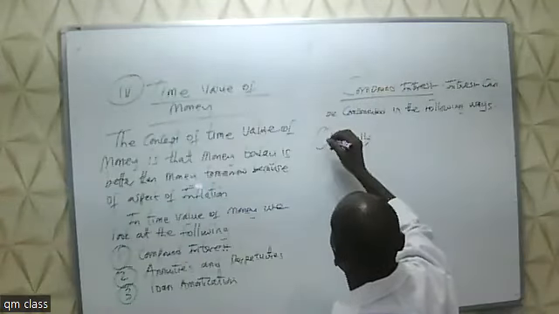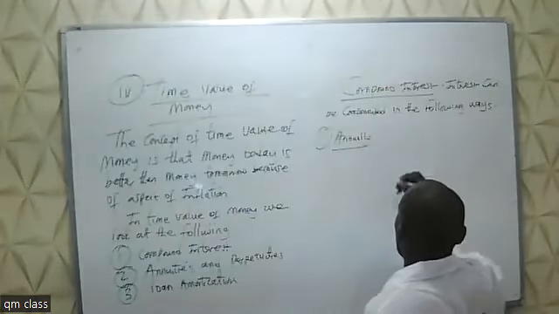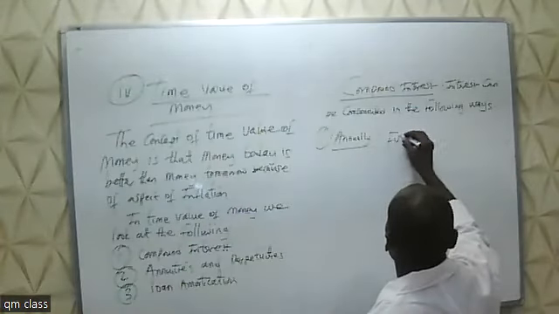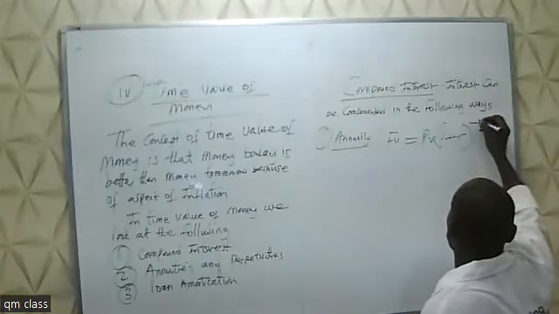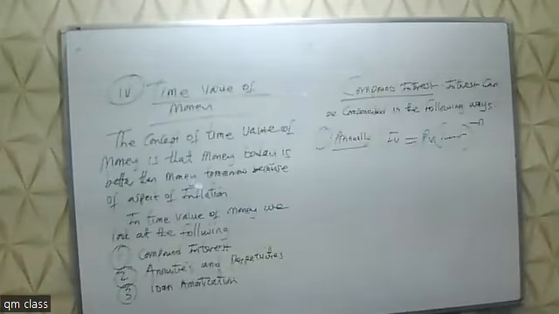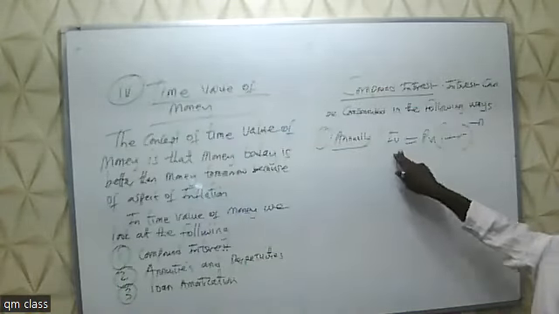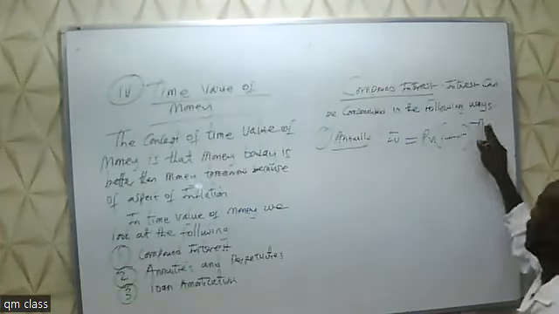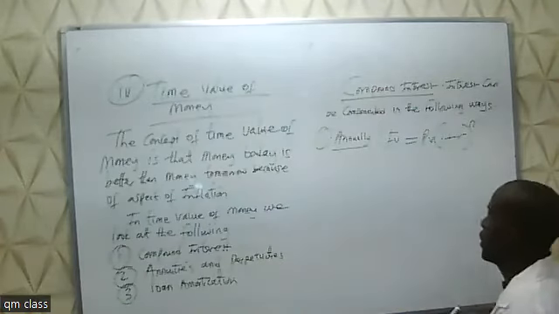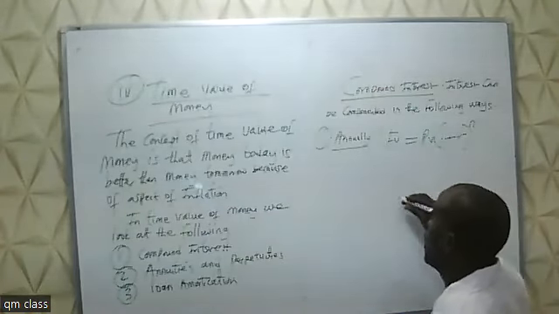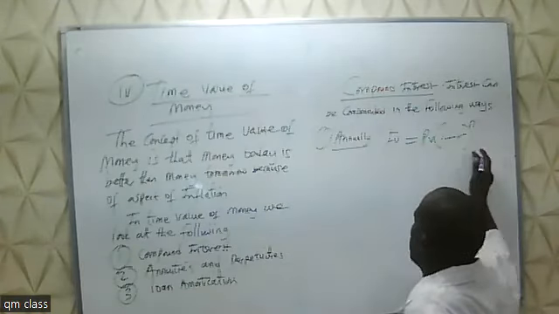So annually, the future value of a deposit is equal to the present value times 1 plus r to the power n. Only one compounding, which is annual compounding. All right, so this is the future value: future value is equal to present value 1 plus r to the power n.